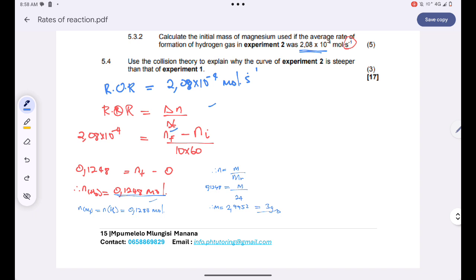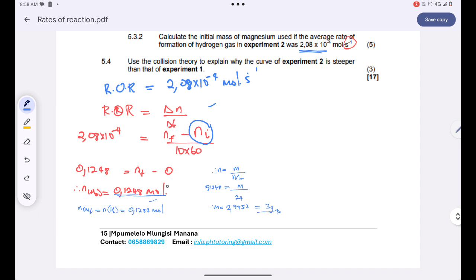Change in moles is just the number of moles final minus the number of moles initially. But remember that initially there was no hydrogen formed. Hydrogen was formed because of the reaction between magnesium and hydrochloric acid. So we had 0 number of moles for our hydrogen, and then we went and calculated the number of moles of our hydrogen after the reaction has reached completion.